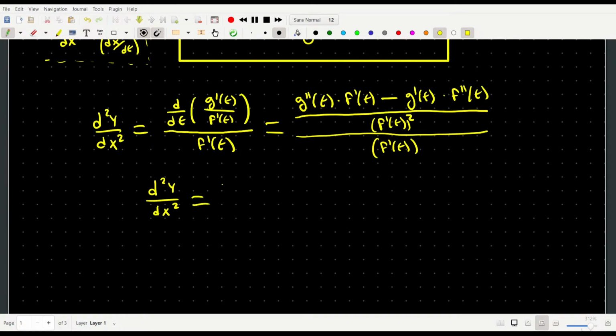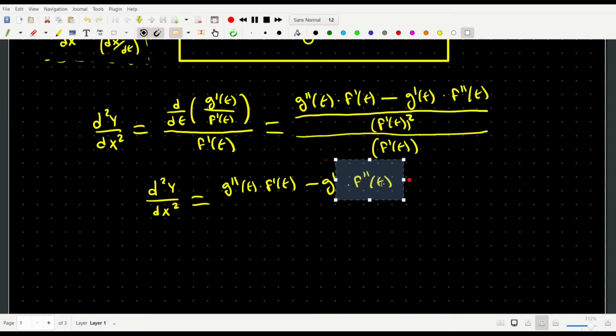So this is the same thing as g prime prime of t times f prime of t minus g prime times f prime prime of t, divided by f prime of t cubed.